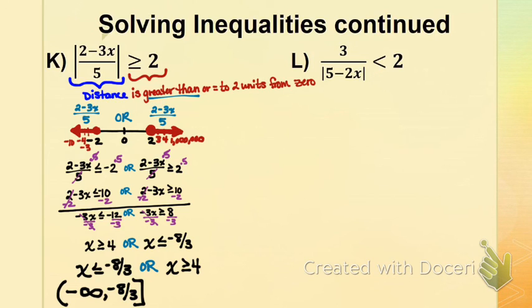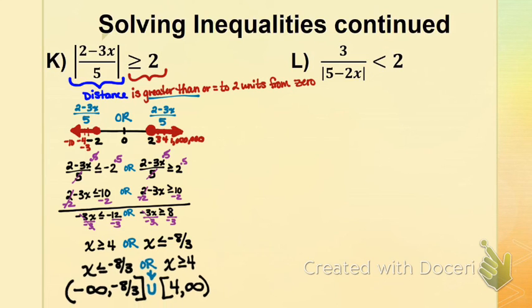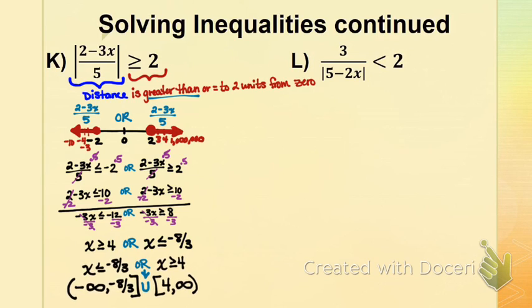How do I say or using my interval notation? A U for the union. And then what else do I need? Bracket 4, infinity parenthesis. Perfect. That is absolutely 100% correct. All right. We got one problem left.